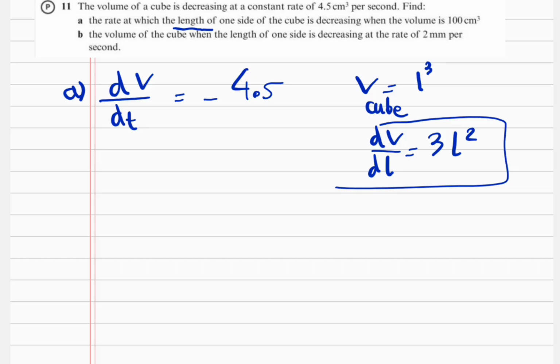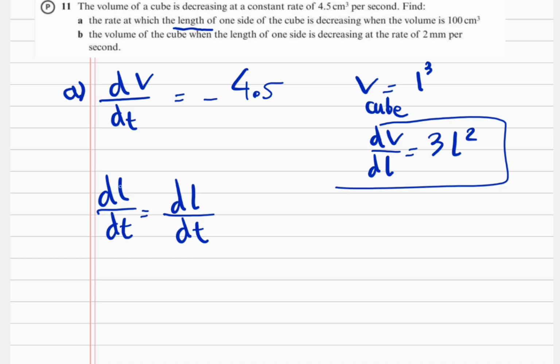Okay, now part A is all about the rate of change of the length, right? So what that means for us is that we first need to write dL/dt, because again we want to find the rate of change of the length. Now it's the chain rule again, so we need to choose two other rates such that their multiplication gives us the rate on the left hand side.